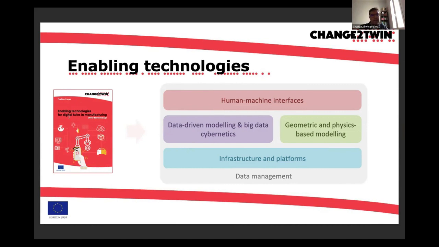I took the 5 technologies that this position paper identifies, and I made my own scheme, positioning them in this layered architecture.